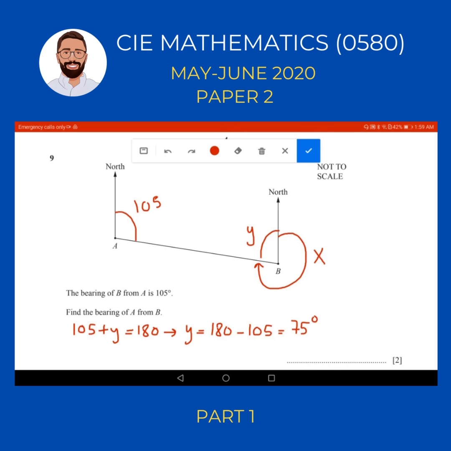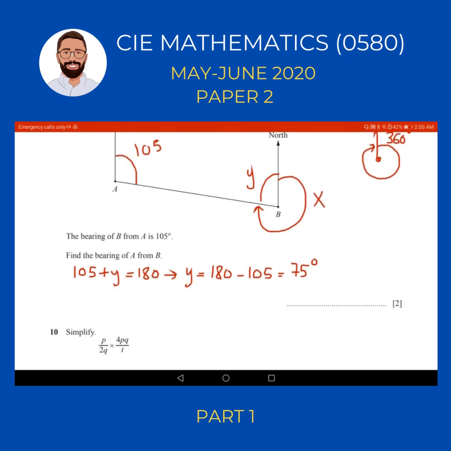Now to find the bearing, which is X, since point B has the north sign, if I go around point B, from this point back to the north line, this is a full turn angle, and it adds up to 360 degrees. So Y plus X, these 2 angles form a full turn angle.